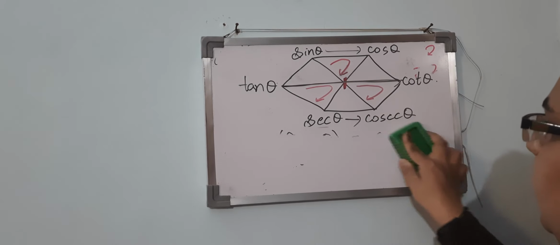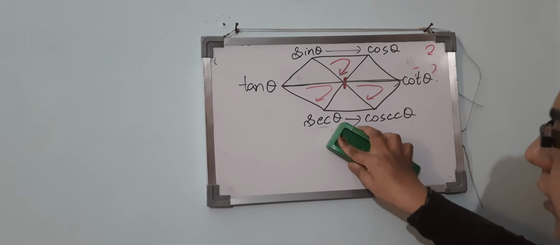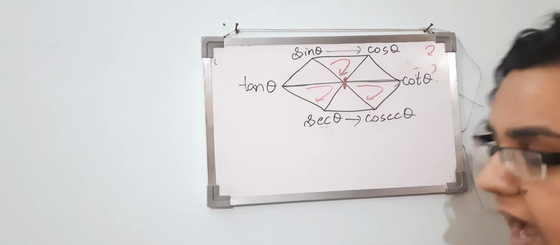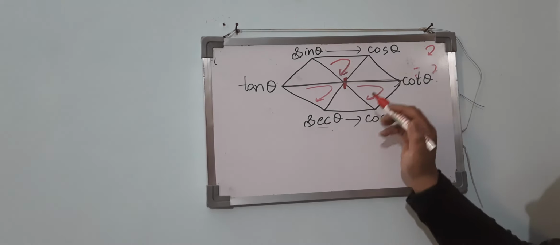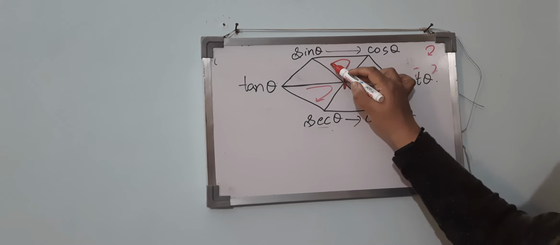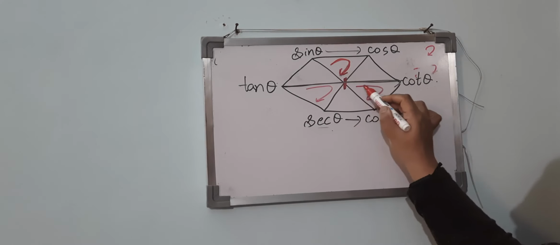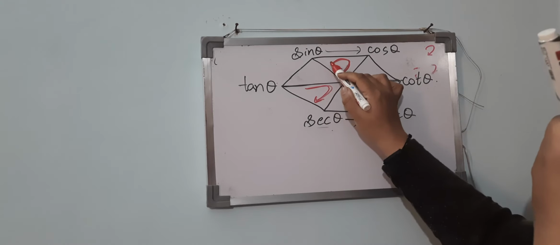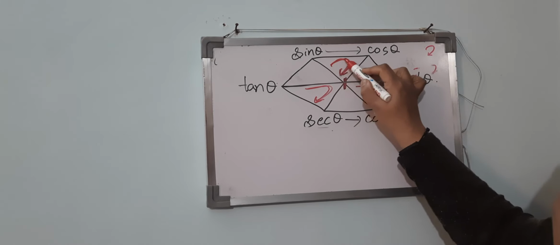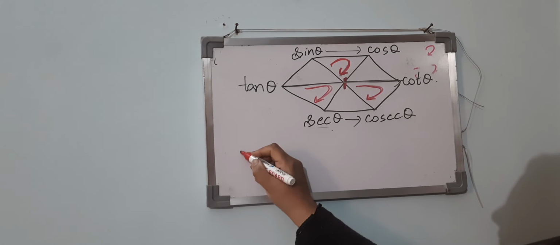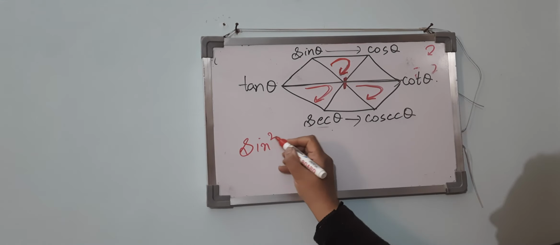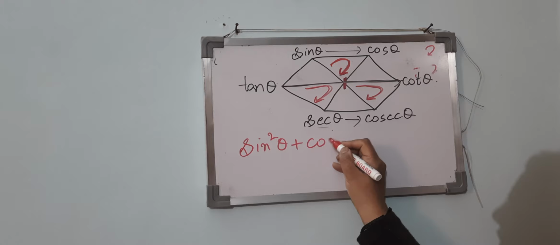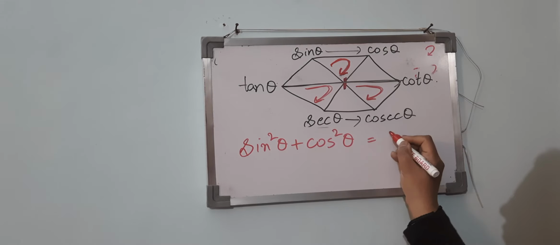Now let's take one more thing which is used in many ways. This is clockwise. I am going clockwise, right? So start from this and end here. You have seen sin square theta plus cos square theta equals 1.